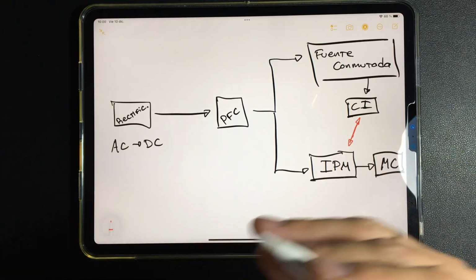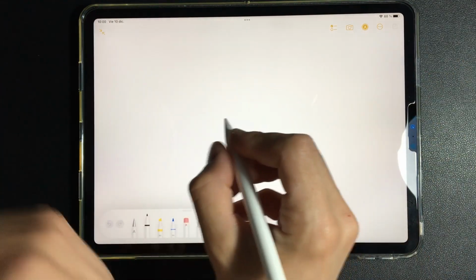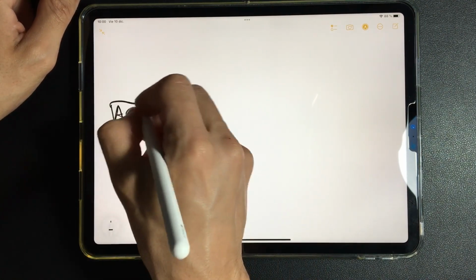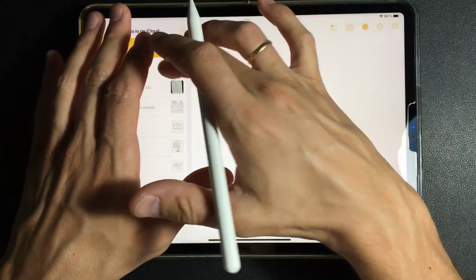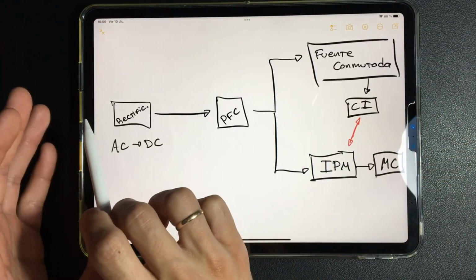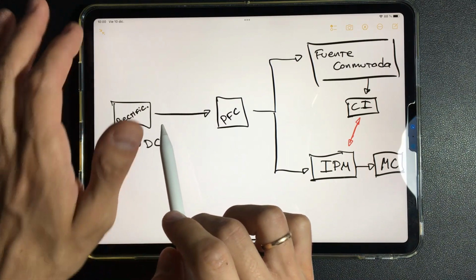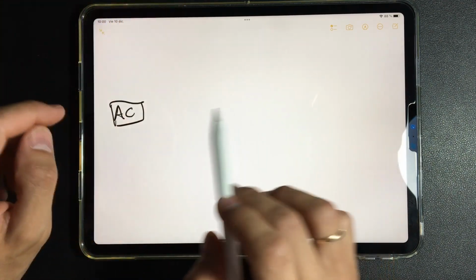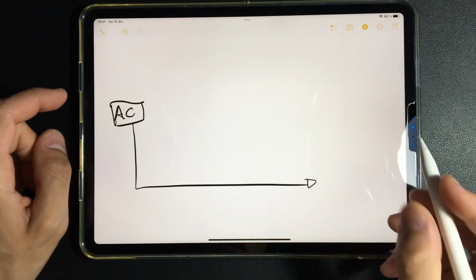Before, in conventional teams, to feed a compressor, let's see if we get it, we had alternating current, that is the one that comes from home. Now, in an inverter, the alternating current is not used because it is not useful to us for anything. As soon as it enters you have to rectify it, but previously the alternating current was used. In fact, the alternating current went directly to feed the compressor.